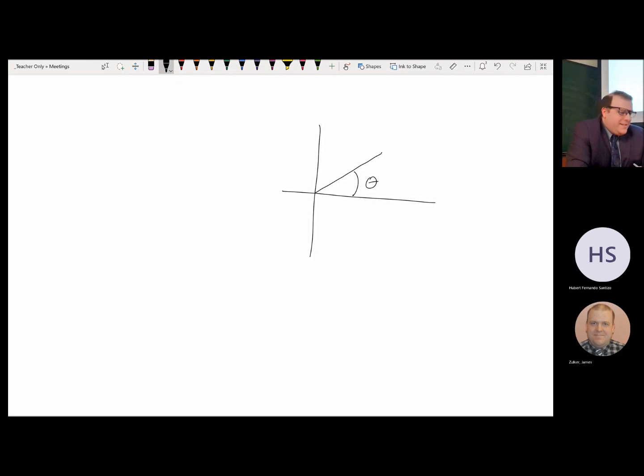O is your initial point. Let's call this P. That would be called your terminal point. All right, that is a ray OP. Standard form is your initial point is at the origin, and the angle is measured with respect to the positive x-axis.